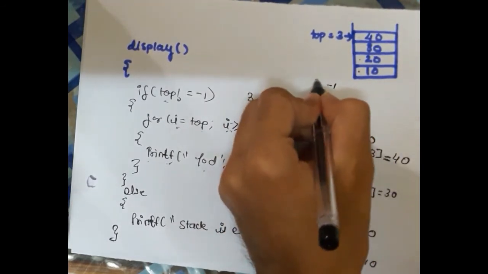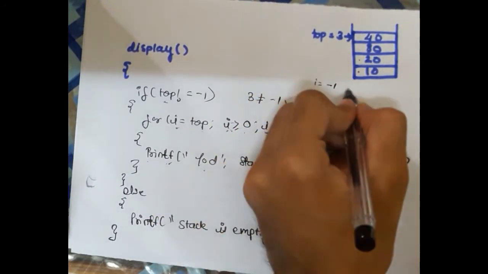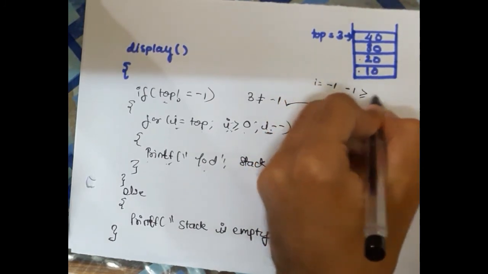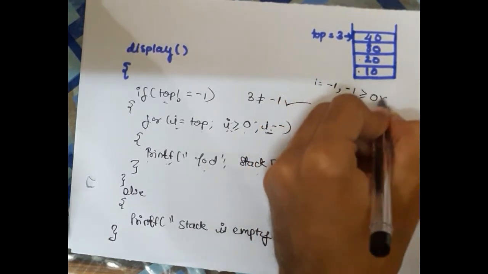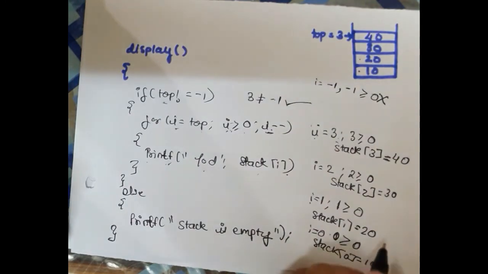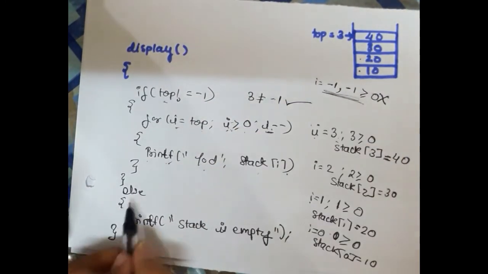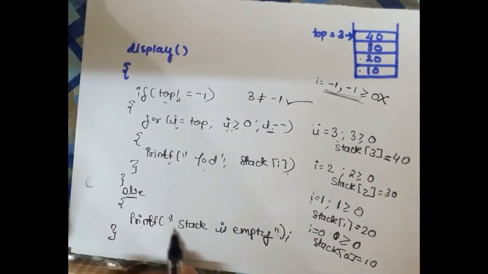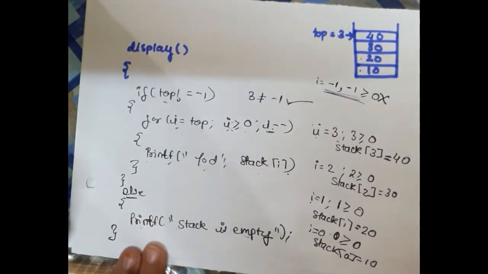So is -1 greater than equal to 0? No, the condition is false. And when the condition is false, else printf stack is empty. So this was a simple display operation.